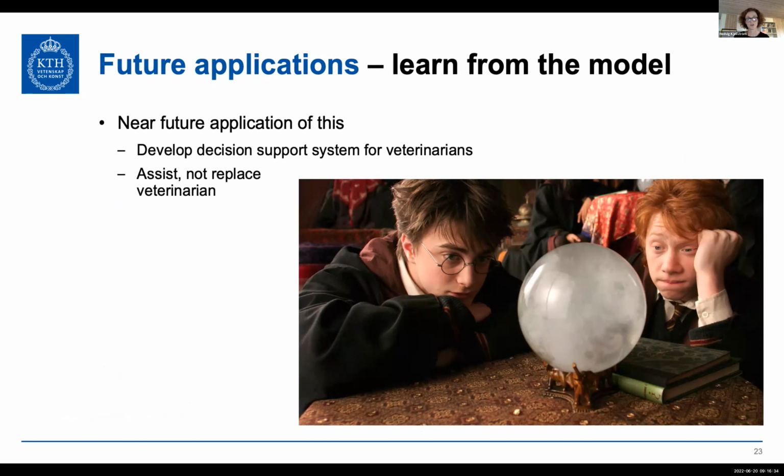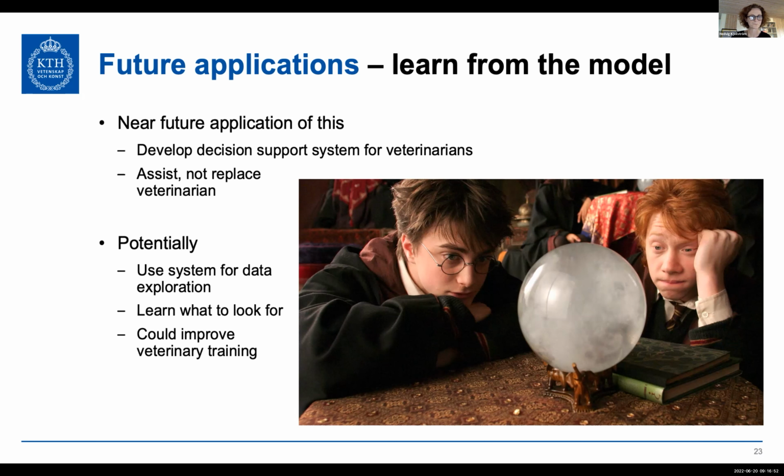So firstly, you could, of course, develop applications such as a decision support system for veterinarians that they could have in their iPhone. And of course, it wouldn't replace veterinarians, but it would assist them giving additional information. But potentially, you could even learn new veterinary knowledge from these models.